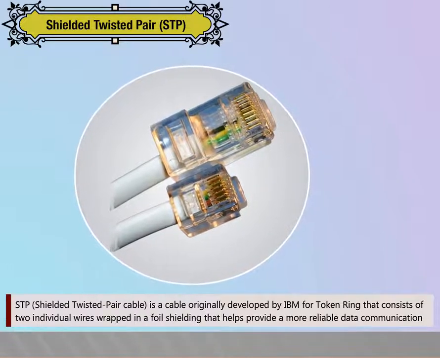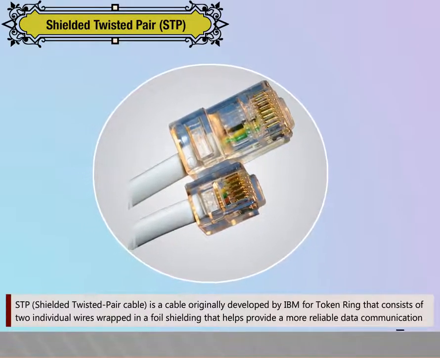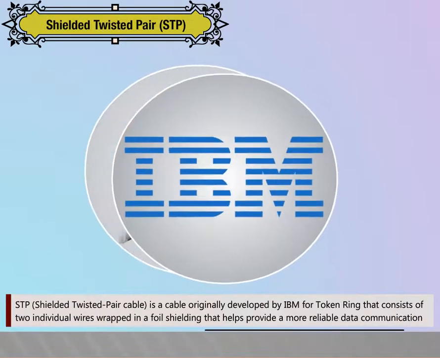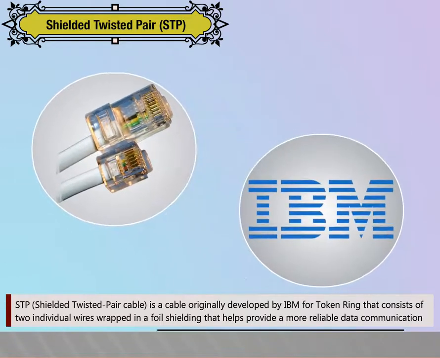STP shielded twisted pair cable is a cable originally developed by IBM for token ring that consists of two individual wires wrapped in a foil shielding that helps to provide a more reliable data communication.